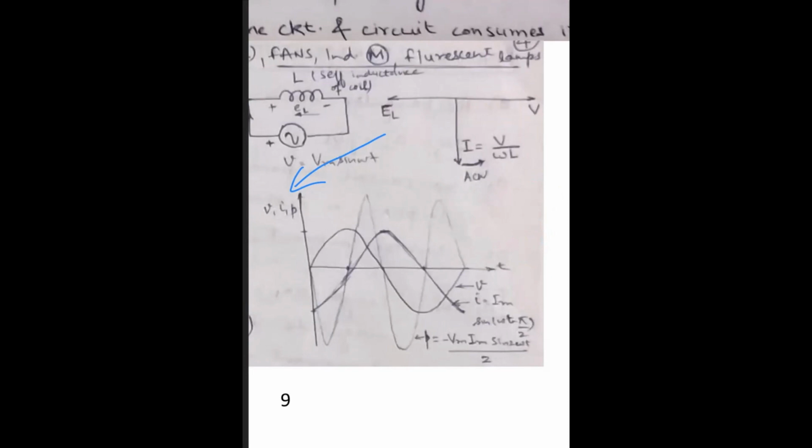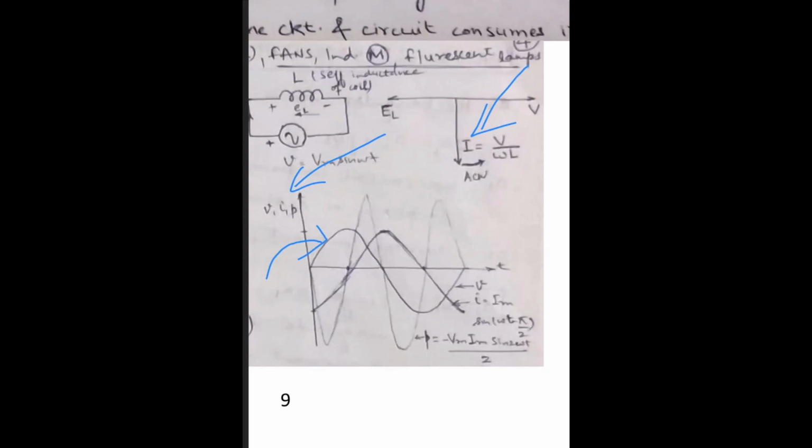Again, firstly we will draw the voltage waveform, which is the sinusoidal waveform. Now, as in the phasor diagram, and as we will derive soon, the current is lagging by 90 degrees.